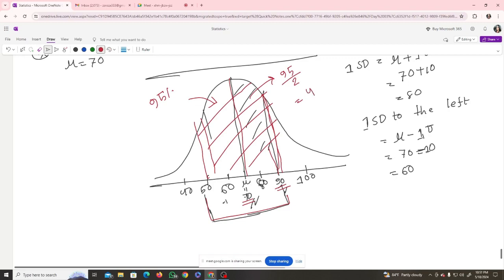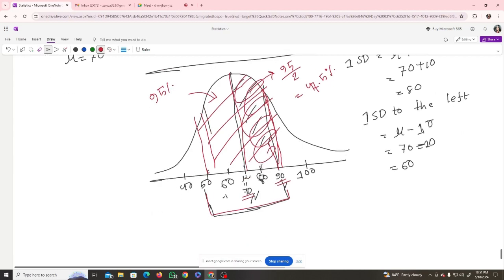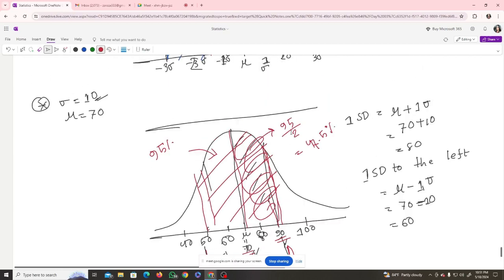What is 95 by 2? This is 47.5. So 47.5 percent of the dataset lies in this area, which is two standard deviations to the right. Am I clear in this part? Do you understand what I'm saying?